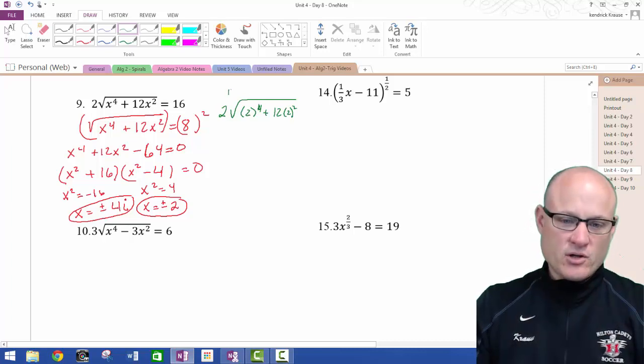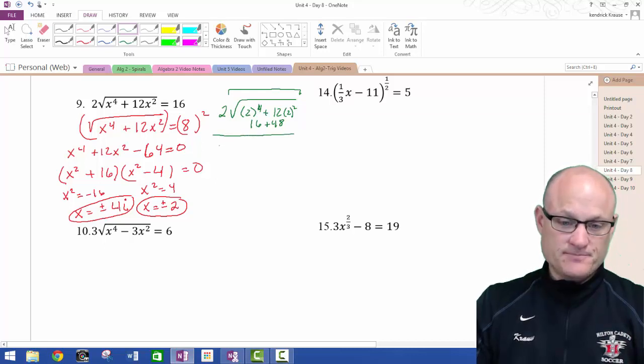We need this thing here to turn out to be 8, because 2 times 8 is 16, which means we need everything underneath to turn out to be 64. So 2 to the fourth is 16. 2 squared is 4. 4 times 12 is 48. So that's 64. Square root of 64 is 8. 2 times that is 16. So that one works.